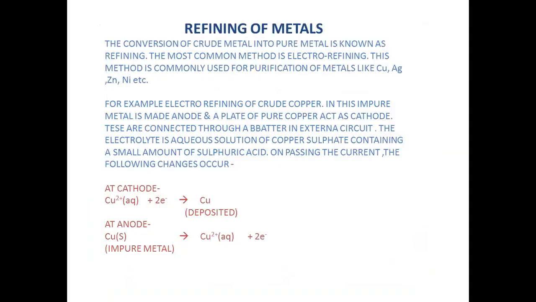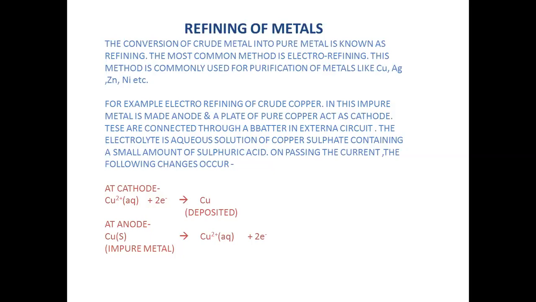Now the last, when the metal oxide has been converted into metal after reduction, it is not pure. So for that we use one technique that is called purification of metal.